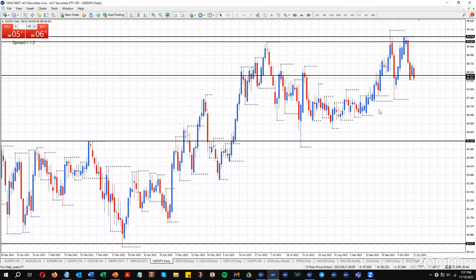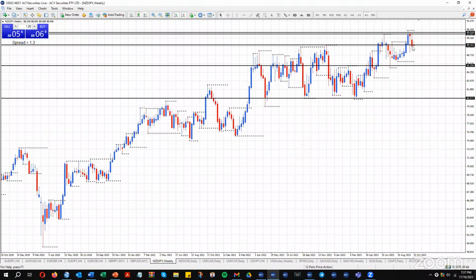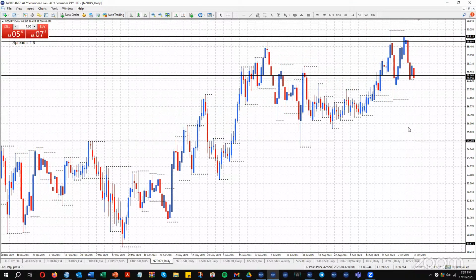Now it's actually starting to trade below this weekly area over here. It's not an area that I'd like to be selling into though. I'd much prefer this to trade back up inside the range of last week, but with the negative inflation figures from New Zealand, it's very much on the low of the week at the moment.